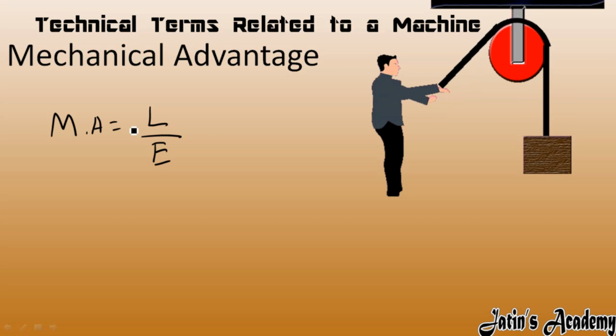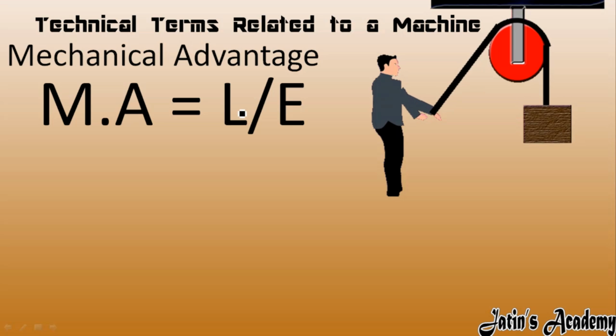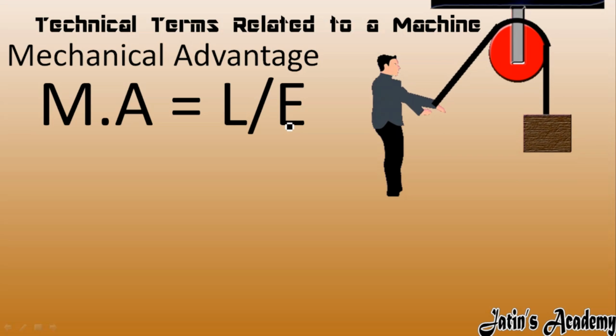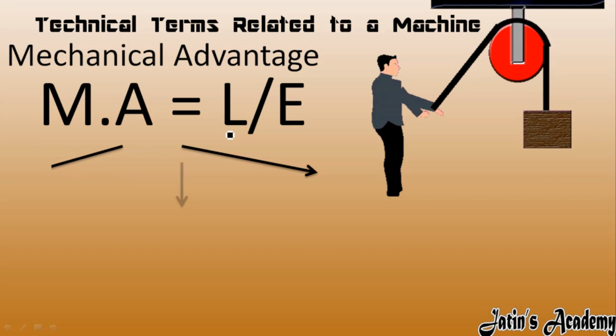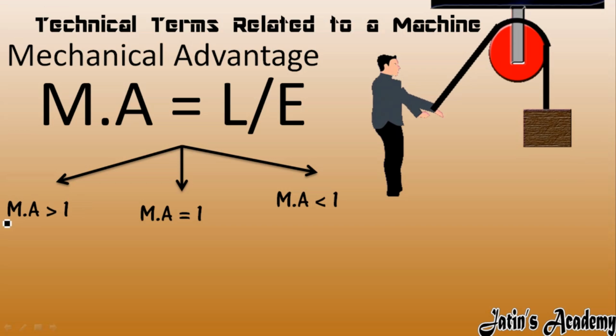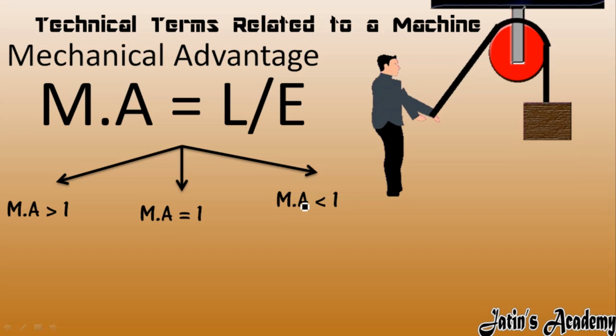So the ratio of load to effort is called mechanical advantage. Now this value of mechanical advantage has three possibilities: mechanical advantage greater than 1, equal to 1, or less than 1.